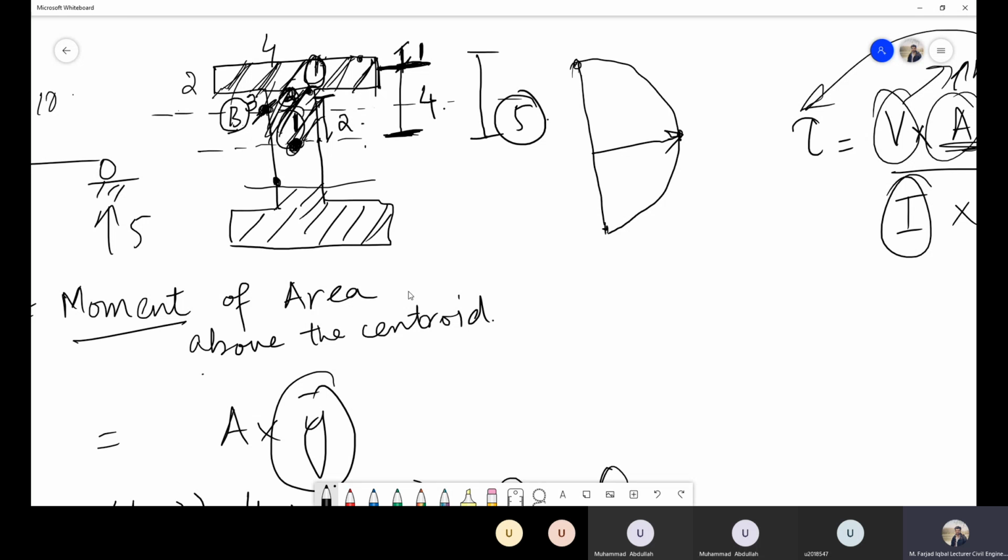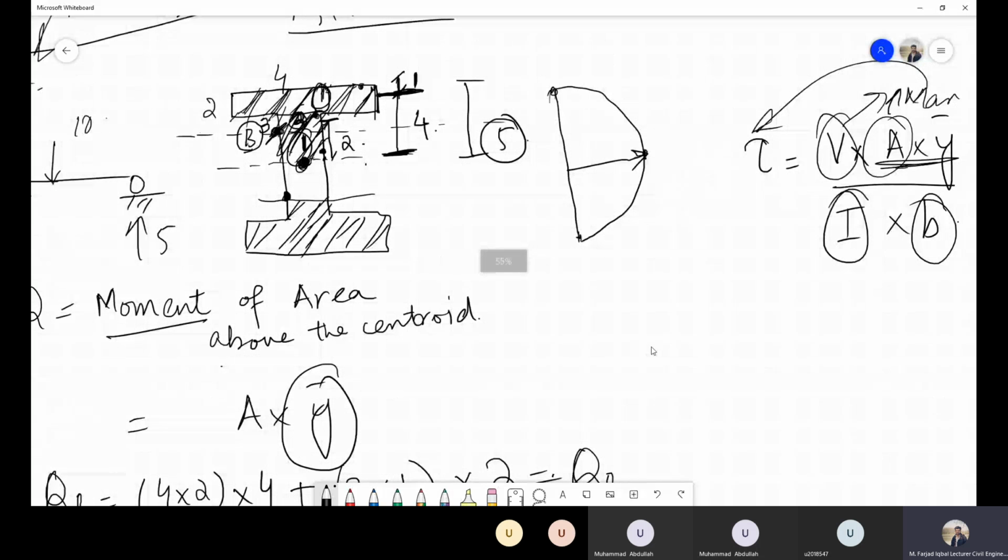So just keep this in mind. It will just flip. If you are calculating the stresses at some point above the centroidal axis, you have to consider the area above this point. But if you are calculating the stress at some point below the centroidal axis, then you have to consider the area that is located below this cross section.